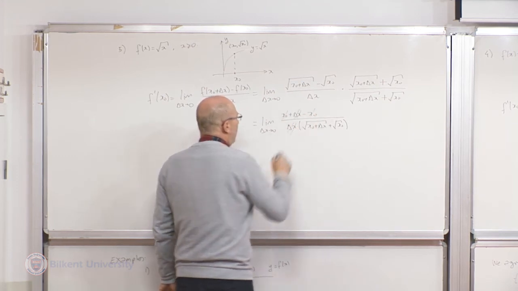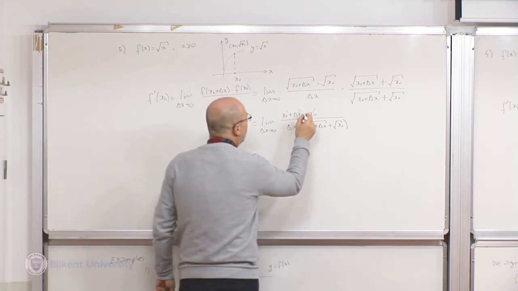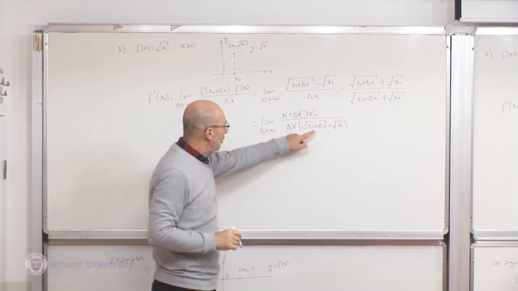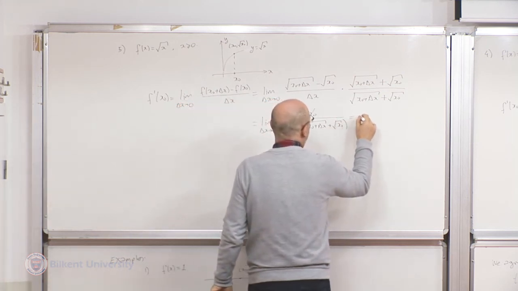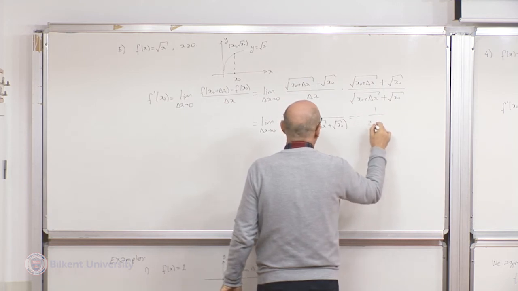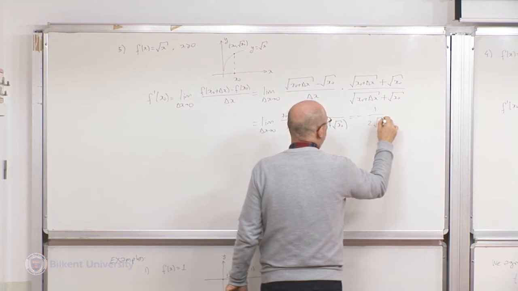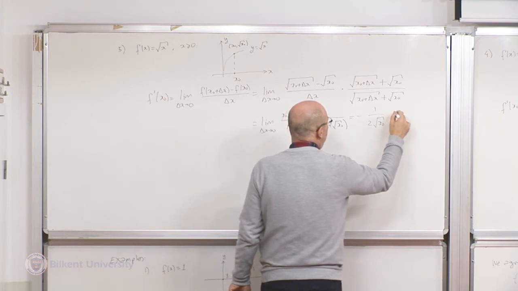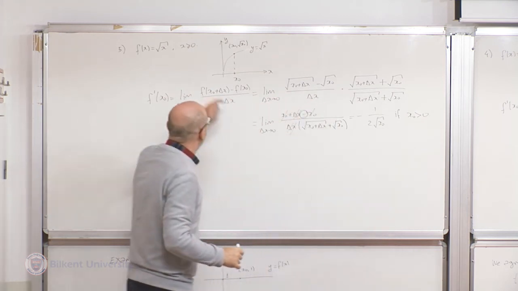These cancel. Now I have again this minus here. I put delta x equals 0. I get something meaningful. So the limit is 1 over 2 square root of x sub 0, because now I have 2 of these. But I notice that this will not make sense if x sub 0 is 0. So this is, I say, if x sub 0 is strictly positive.